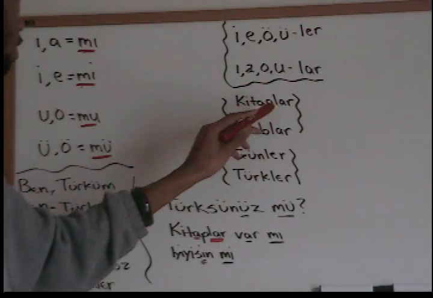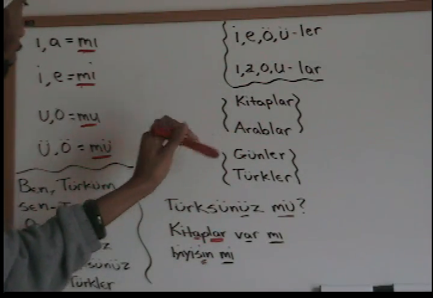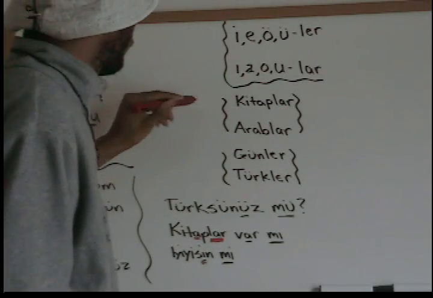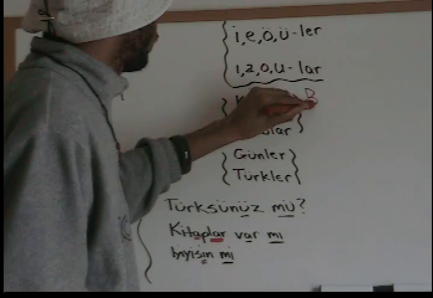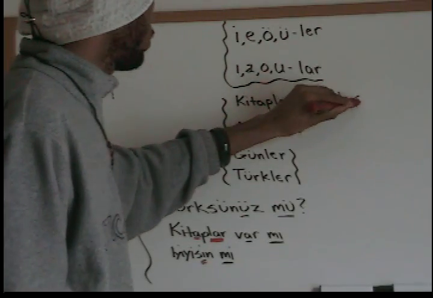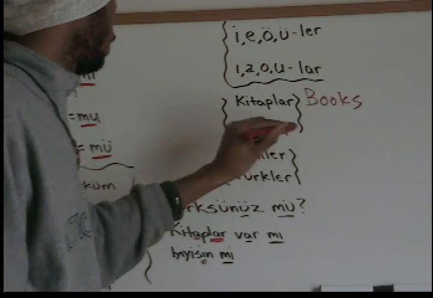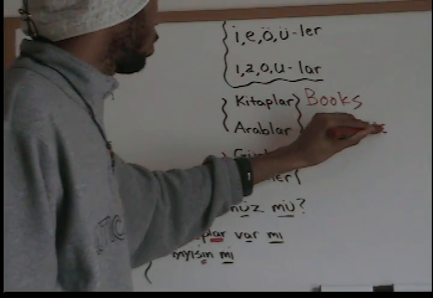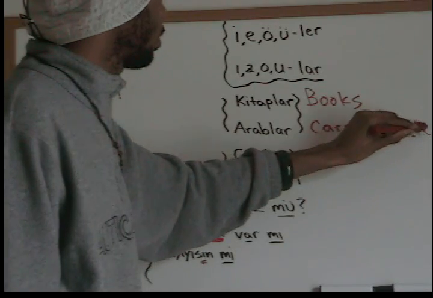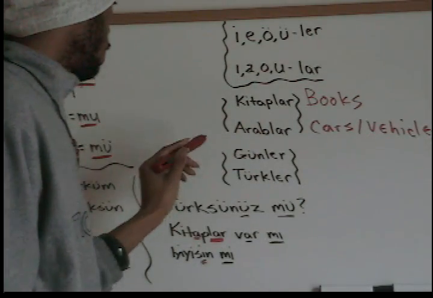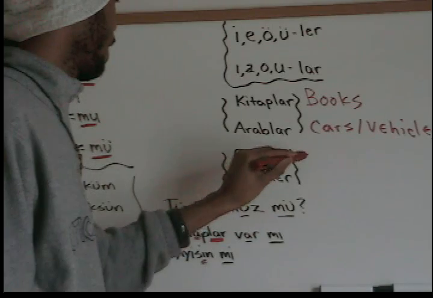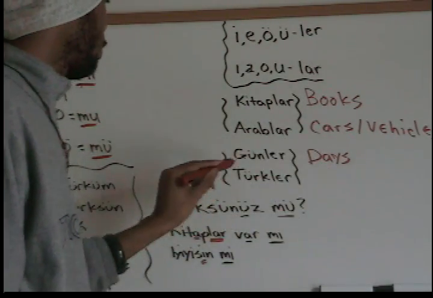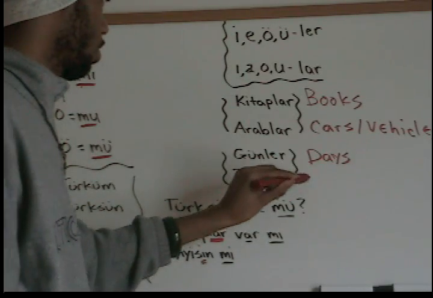So kitaplar, books. Arabalar, cars or vehicles. Günler, days. Türkler, the Turks.